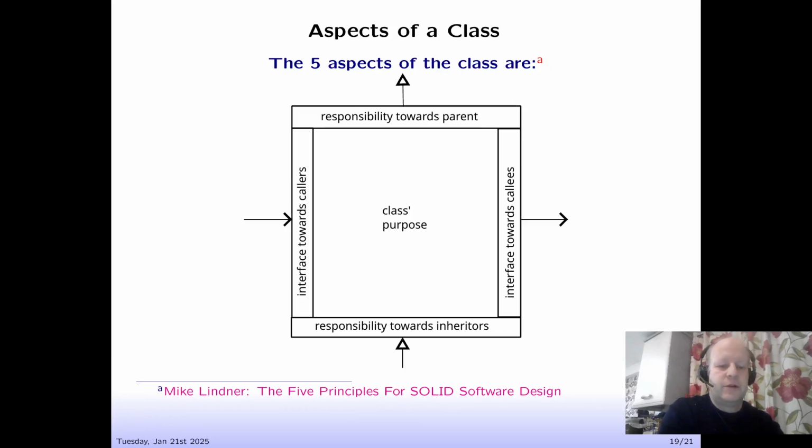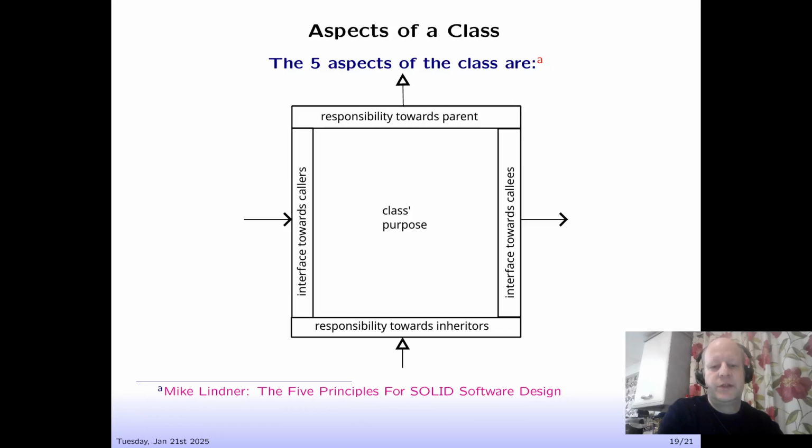I found an interesting article, a nice article by Mike Lindner, the 5 principles for solid software design, and he showed a diagram where you basically can see the 5 aspects of a class.